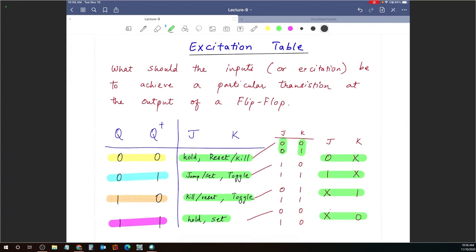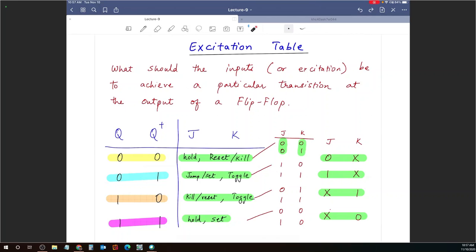Questions about how to derive the excitation table of flip-flops? All you need is their characteristic table. If you have the characteristic table, then you can flip it around and find what you need to give as excitation, the J and K inputs, to get a particular transition to happen at the output. That's why it's called excitation table, because you are figuring out the inputs to make something happen at the output.